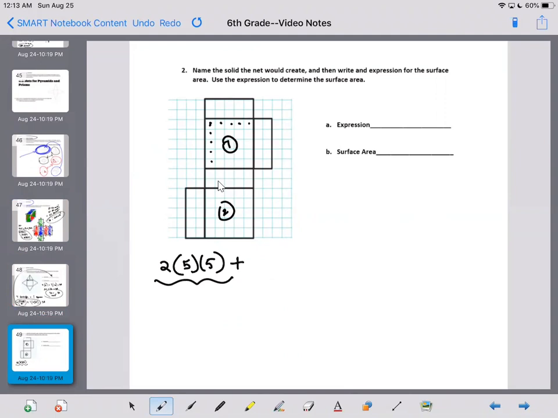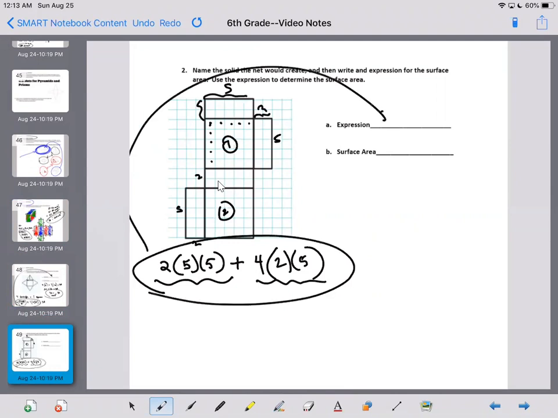Plus, we have, this one is a 2 by 5, this one's a 2 by 5, and this one's a 2 by 5, and this is another 2 by 5. So we actually have 4 2 by 5 rectangles. So that would be our expression.